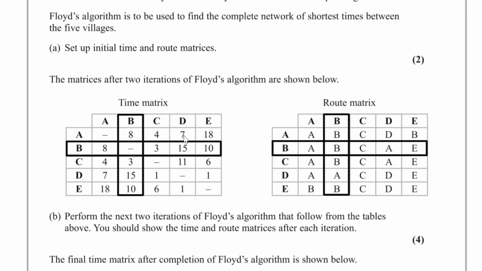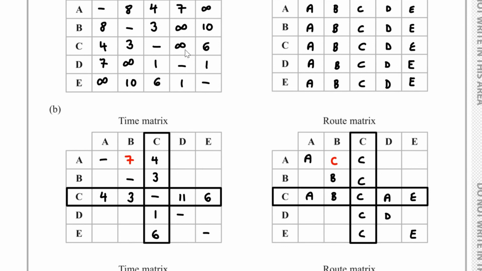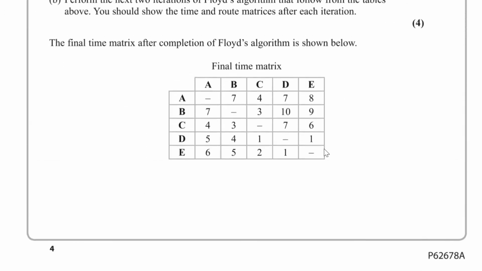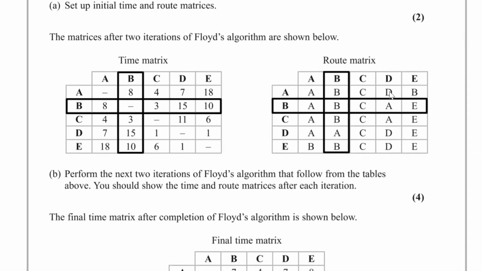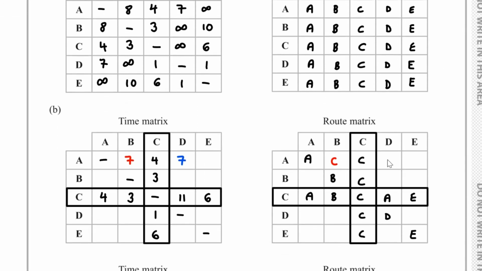The 7 is smaller, so there's no change. So 7 goes here, and here we have D. There's no change.